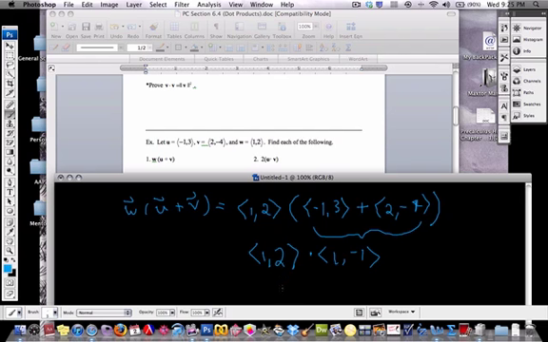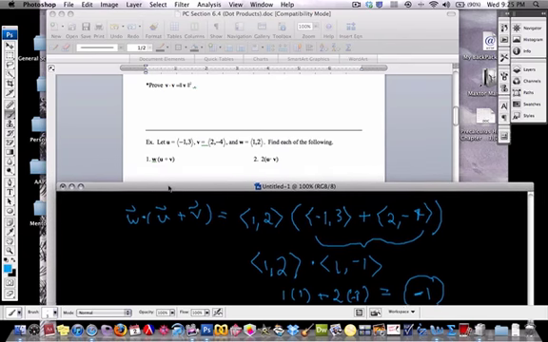This would be 1 times 1 plus 2 times -1, which is 1 minus 2, or -1. Okay, so our result in that case was a scalar, which makes sense because we were adding 2 vectors and then doing a dot product with another vector.